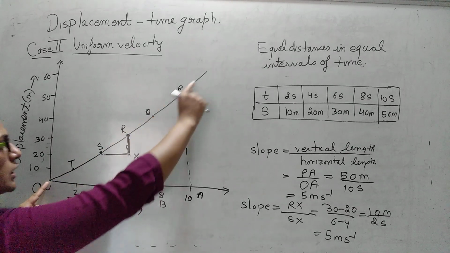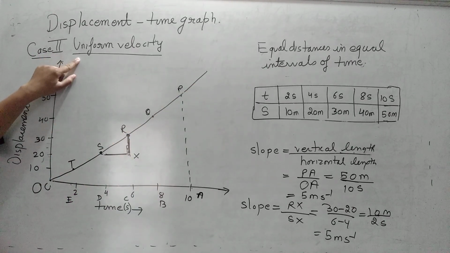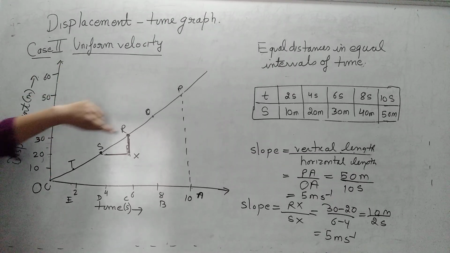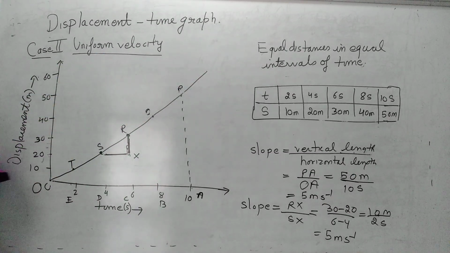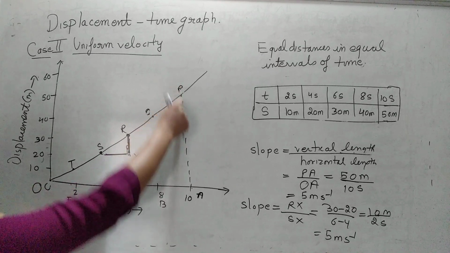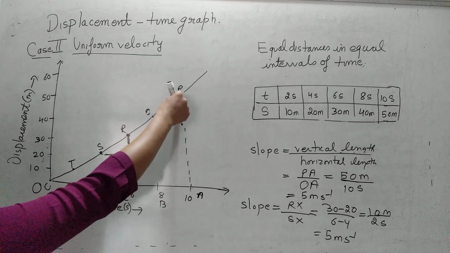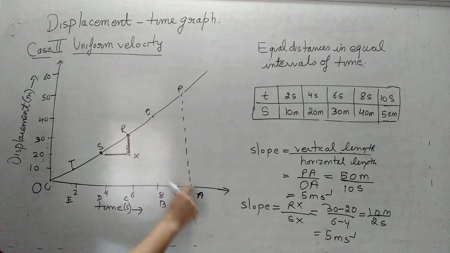Now what type of motion is it? Whenever you have this type of displacement graph, the motion is uniform velocity when the body is moving away from the initial position. You can find out its slope from anywhere, two very close points or two far points. You have to make a right angle triangle. What is the slope? It is height over the base.